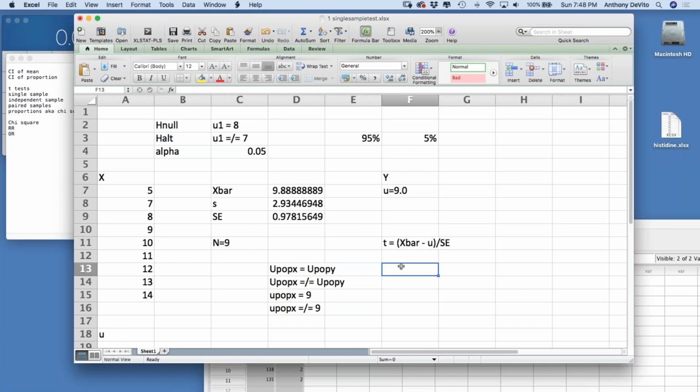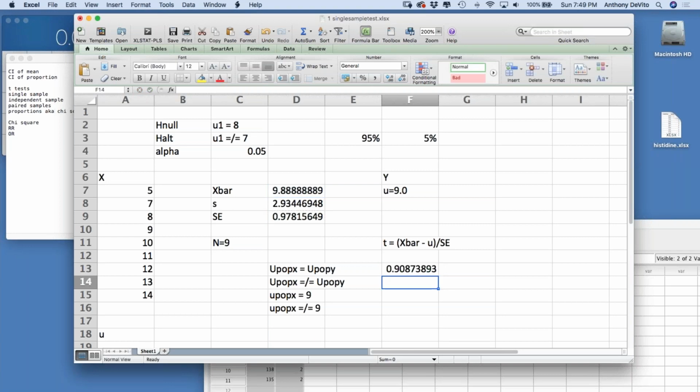In our case, what is it going to be? It's going to be equal to X bar, which is 9.88, minus 9, right? I'm going to put that in parentheses, so it does that subtraction first, divided by our standard error. And that's how many standard errors apart our sample is.